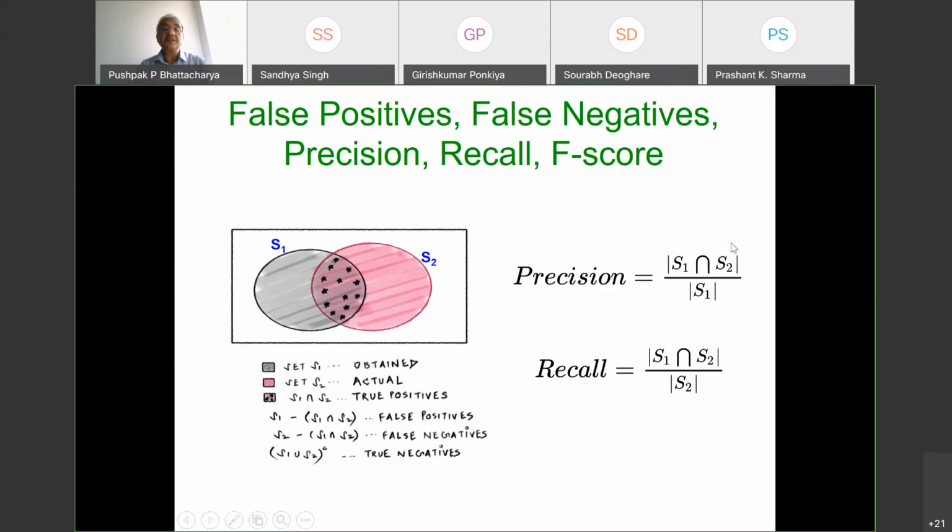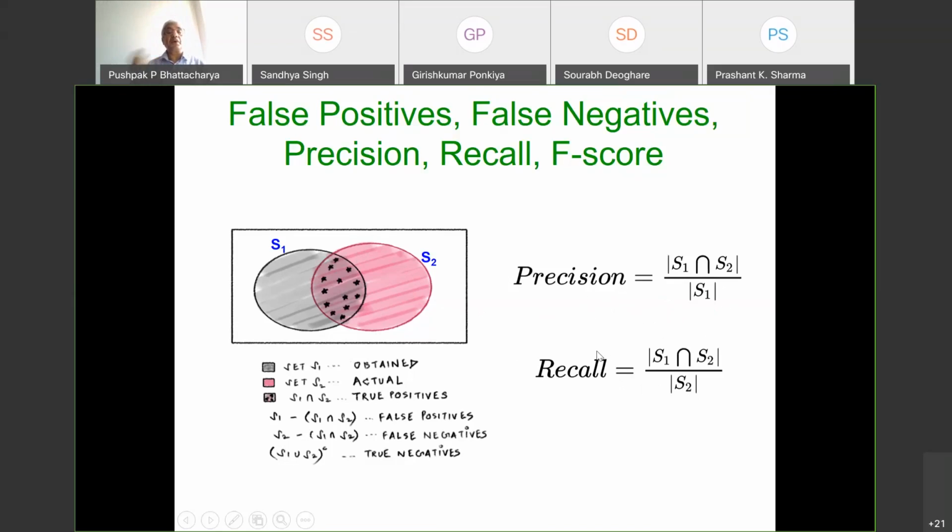So precision is true positive by true positive plus false positive, right? And similarly, recall is true positive by S2, which is true positive plus false negative, right? So this Venn diagram is very helpful for understanding precision and recall.